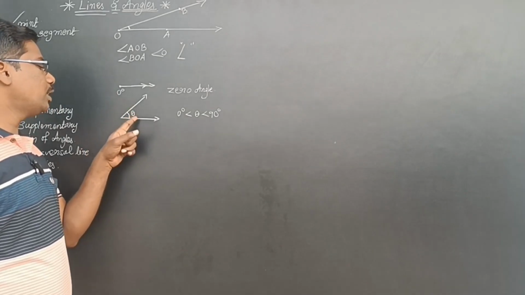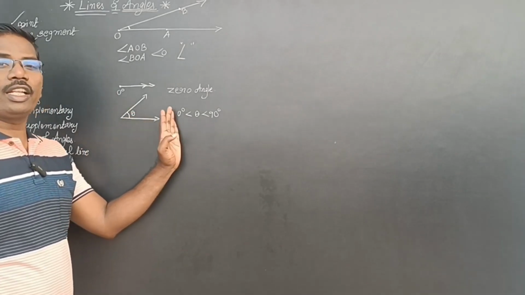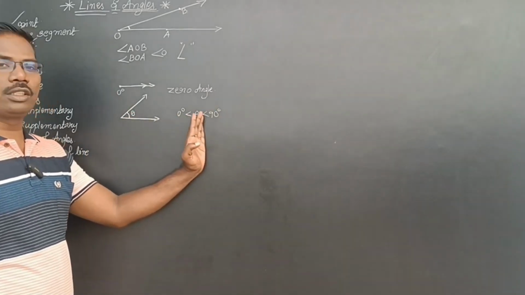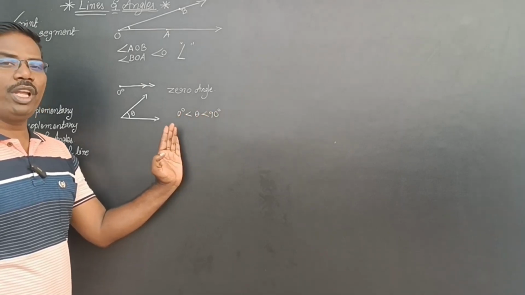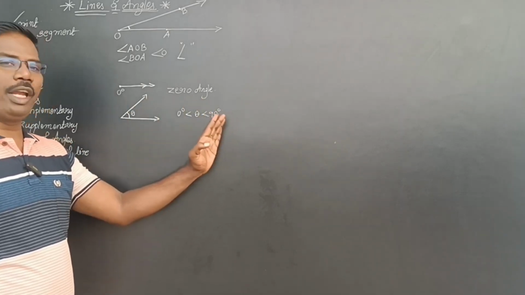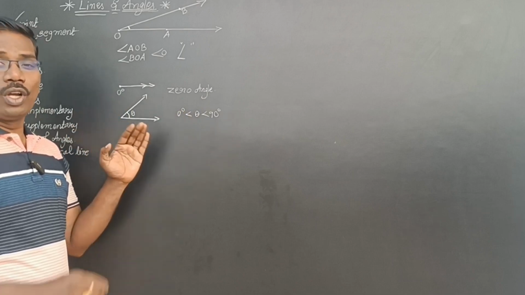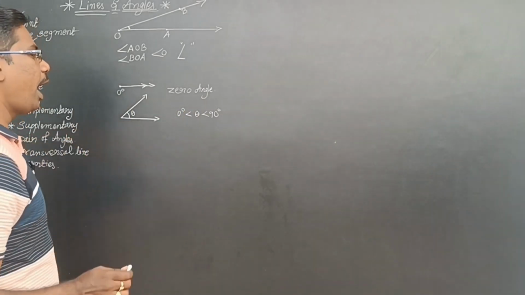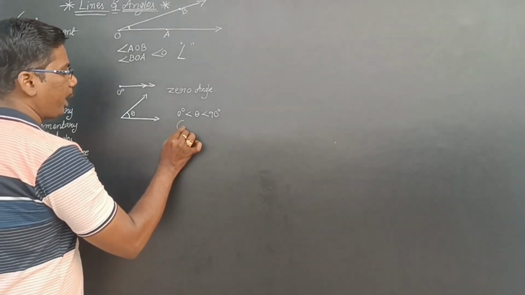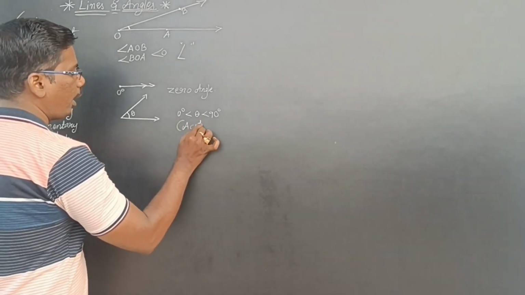The angle between two rays is greater than 0 degrees and less than 90 degrees. So 90 degrees we know very well. So less than 90 degrees means it should be 1, 2, 3 and so on, 89, 88, 87 like that. Then the angle is called acute angle.